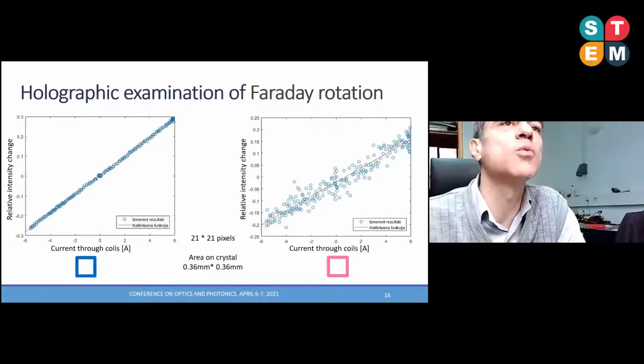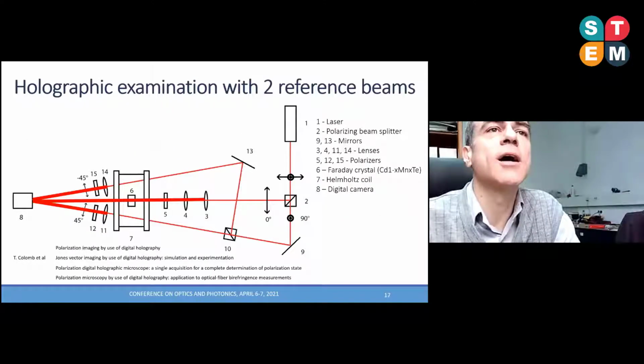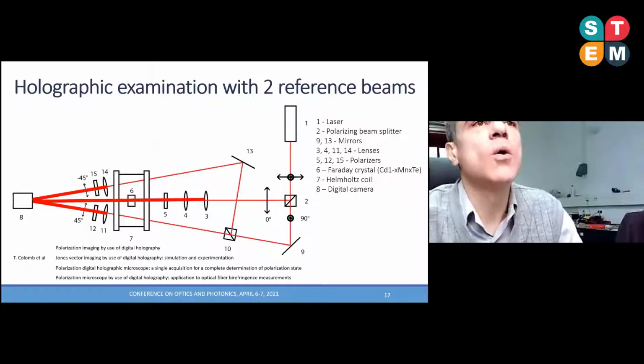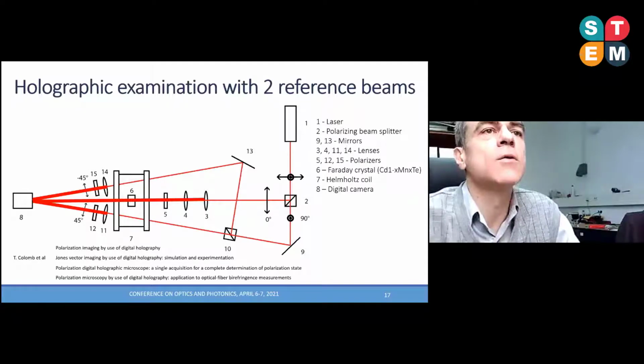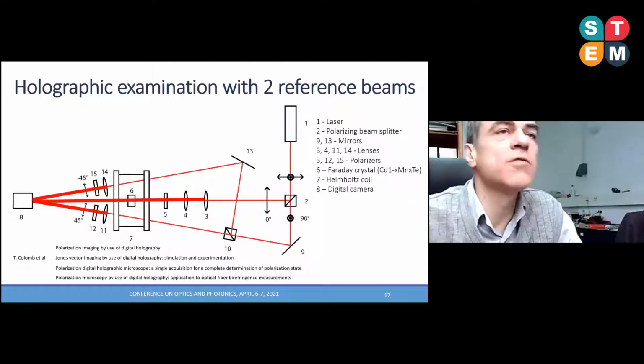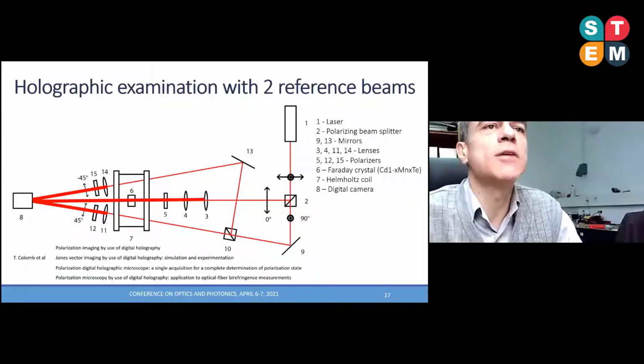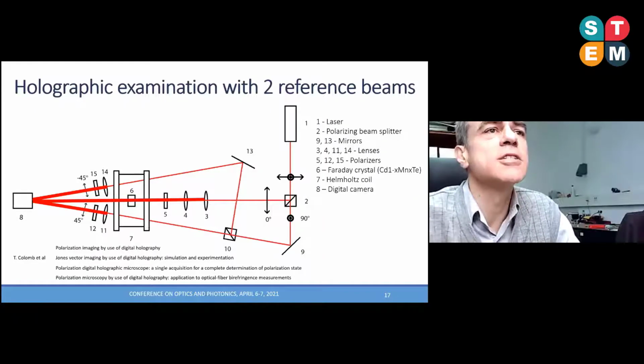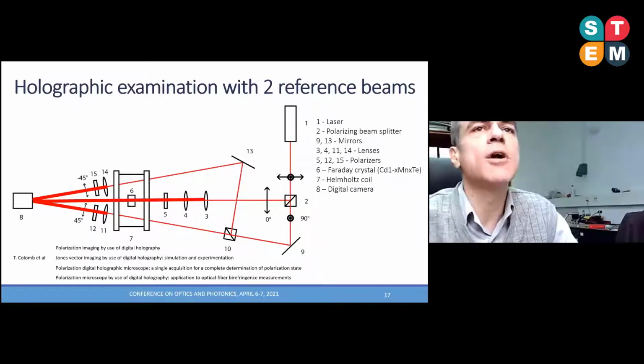We got what we wanted, and we asked ourselves, can we incorporate all these techniques in a holographic examination of the Faraday effect? Can we incorporate delta over sigma normalization, temperature compensation methods? Can we eliminate background light?